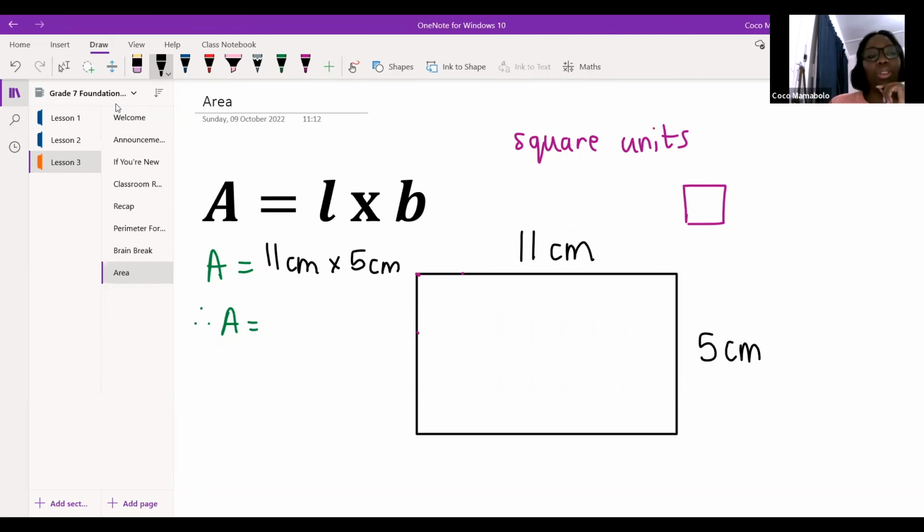There we go. Thank you, Keisha. That's okay, Sila. Just write the word squared out at the end. Excellent. Therefore, A is equal to 55 centimeters squared. Excellent.